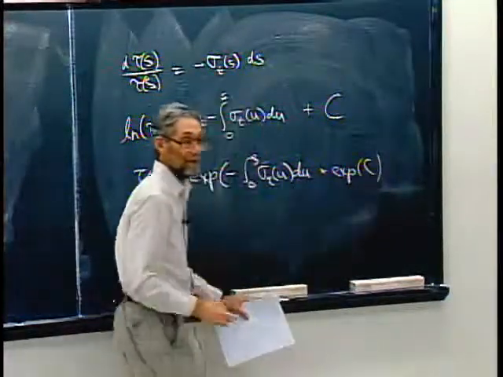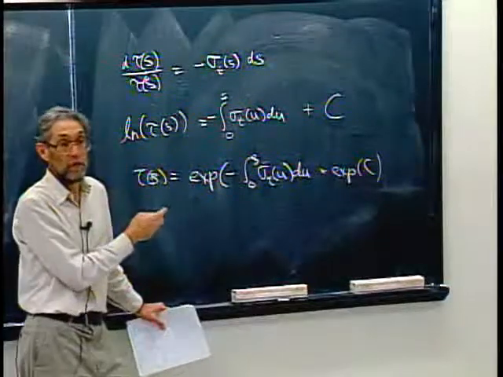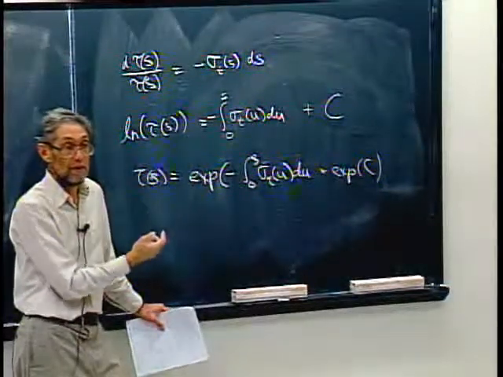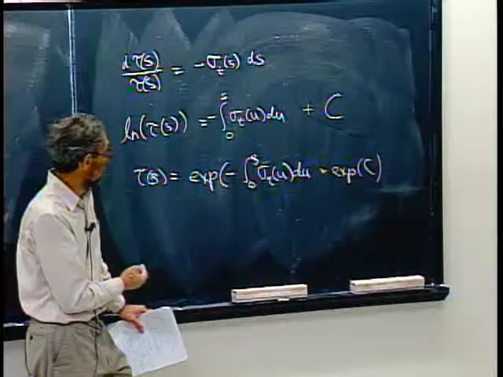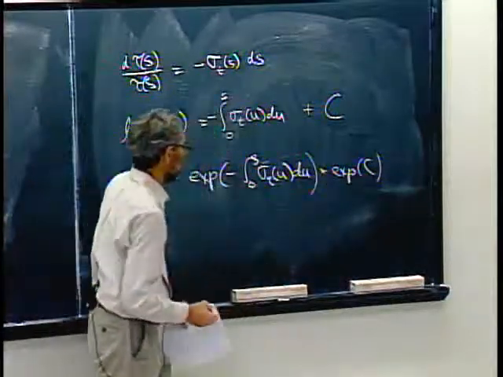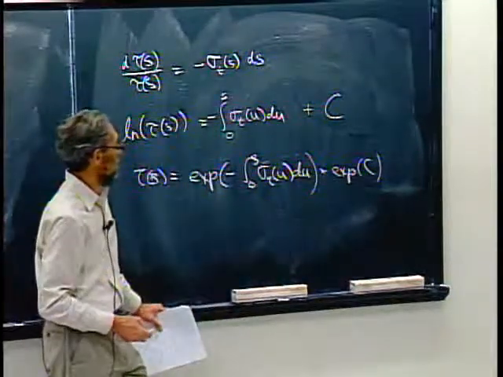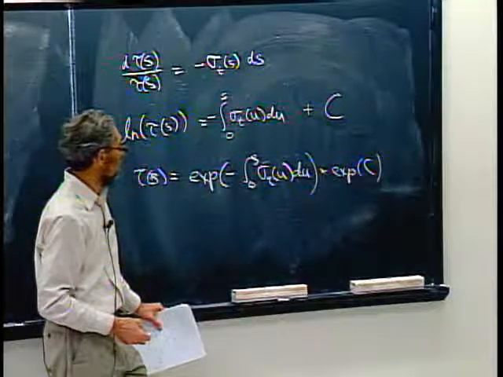Because when you take the exponential of a sum, you end up with products. And I guess I need to put the parentheses here if I'm putting e to the c separately. So this is a constant of integration.